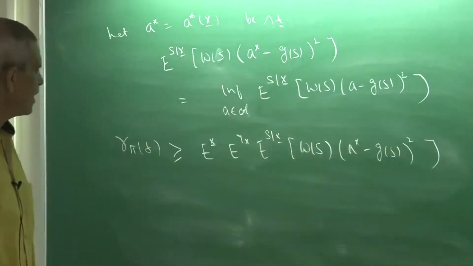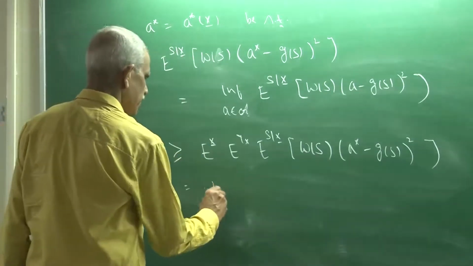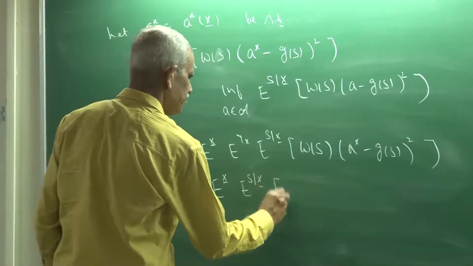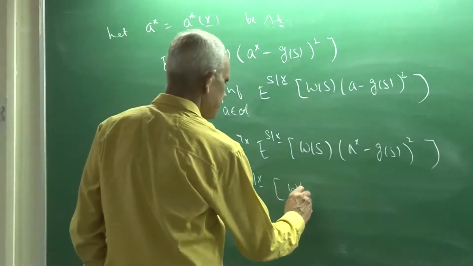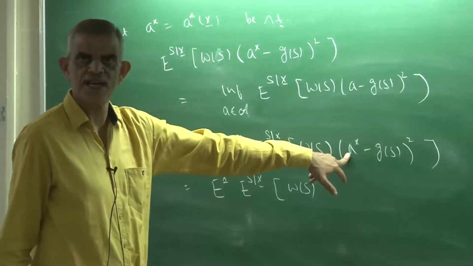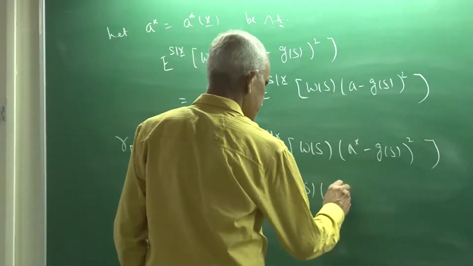So the only thing is, if I can prove there is no yx over here, so this becomes E of x, E of s given x of ws, because there is no randomization with respect to yx, because a has become a star, which only depends on x.